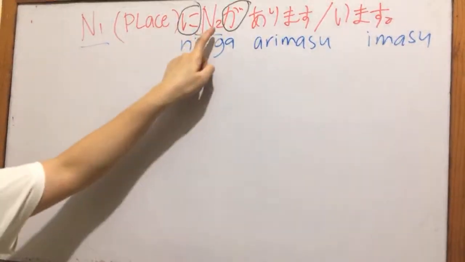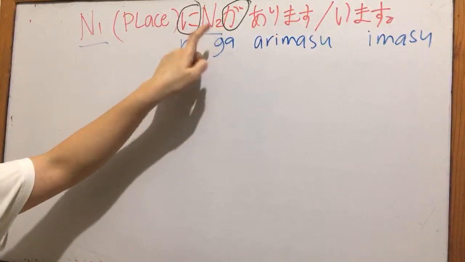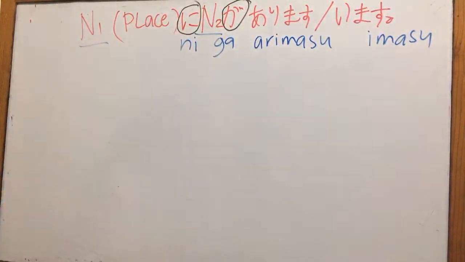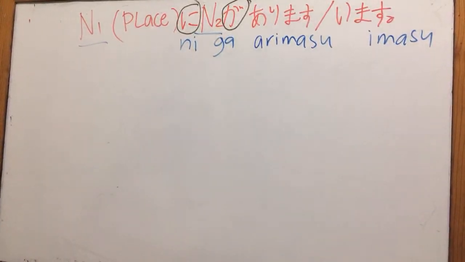And this one we just studied a while ago, right? Noun, ga, arimasu, imasu. So, we will just add a place. And if there's a place, it will be marked by ni.